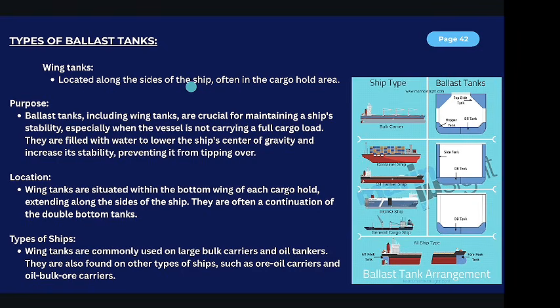So another type is what we call the wing tanks. These are located along the sides of the ship, often in the cargo hold area.